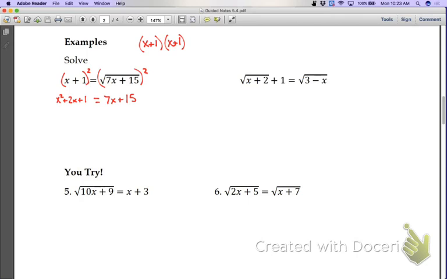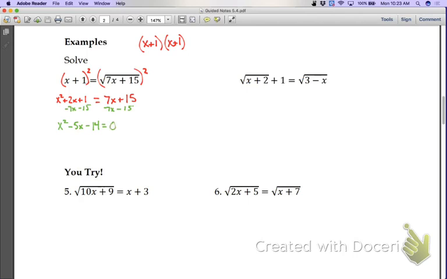They're going to be nice, neat numbers. So if I subtract the 7x and subtract the 15, I'm going to have x squared minus 5x minus 14 equal to 0.